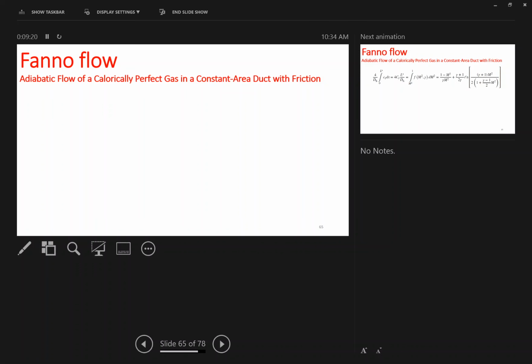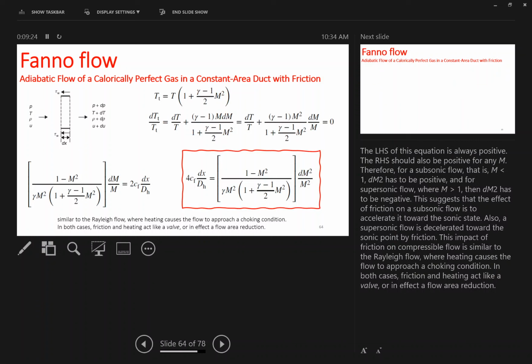So the conclusion from this equation is that with a supersonic or subsonic flow, the maximum you can get is a sonic condition at the outlet, right? Or the minimum, depending on whether the flow is subsonic or supersonic. Does it make sense?